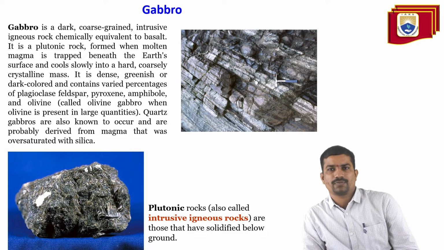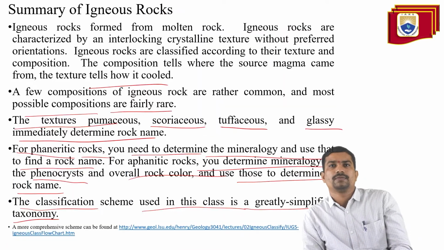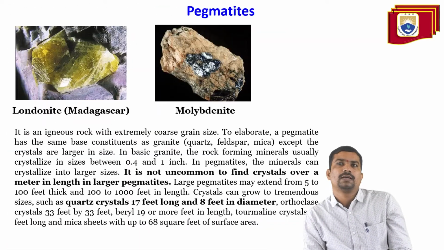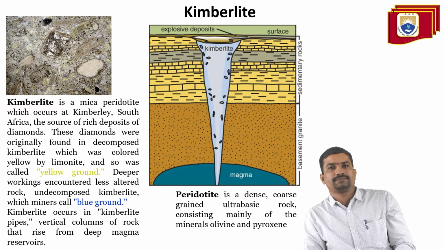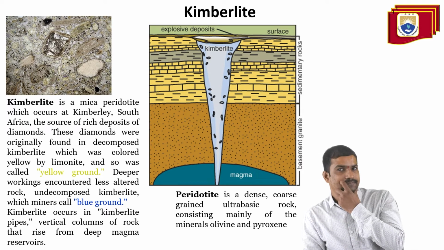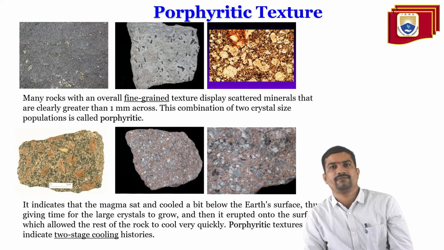Gabbro, which is an intrusive type of rock. Pegmatite, this is also an intrusive type of rock. Kimberlite and porphyritic texture, which is of different types.